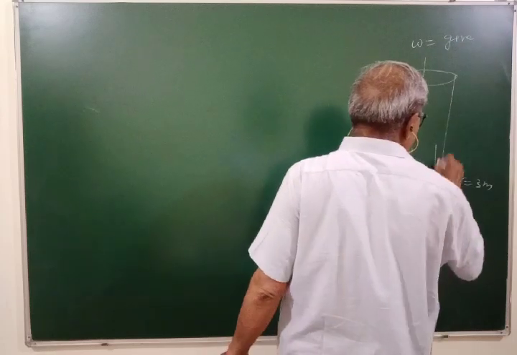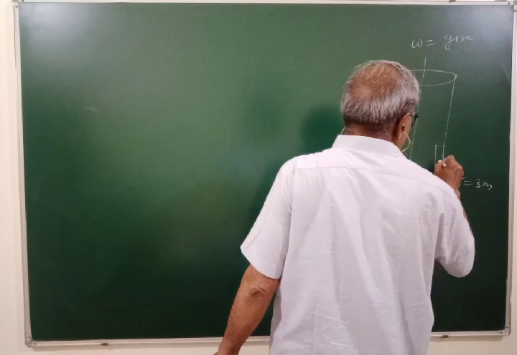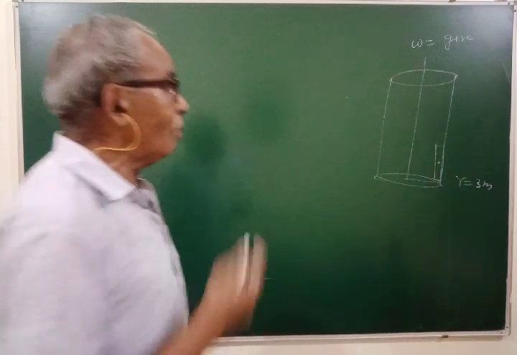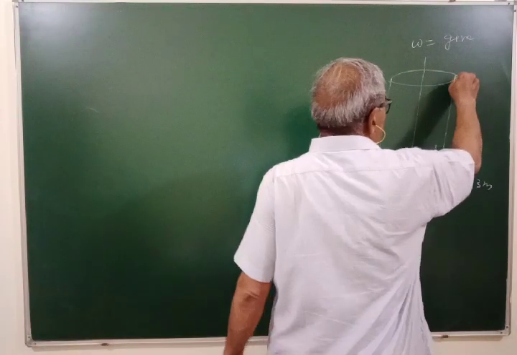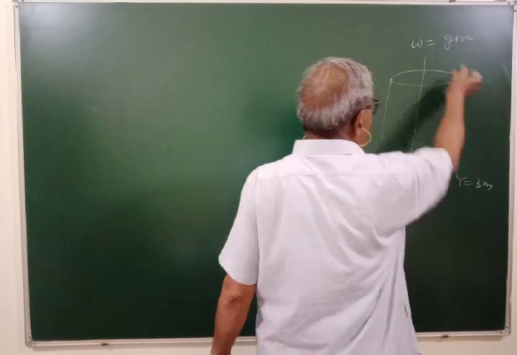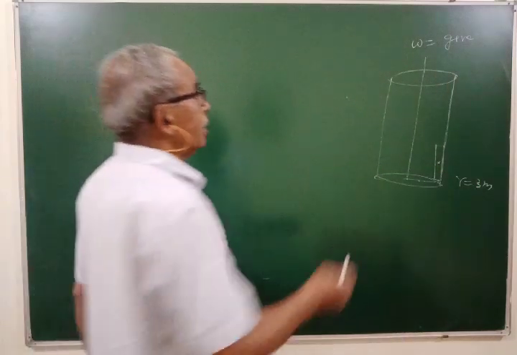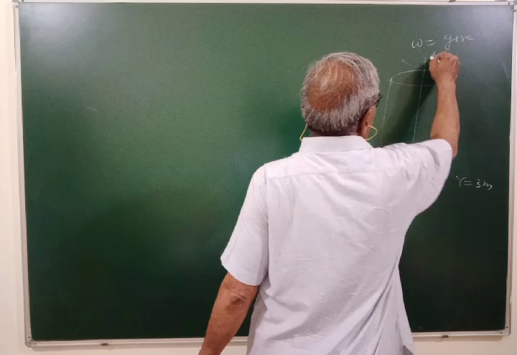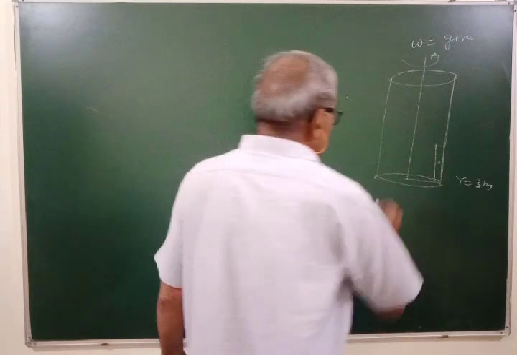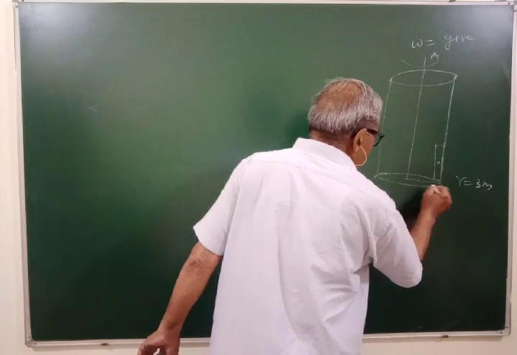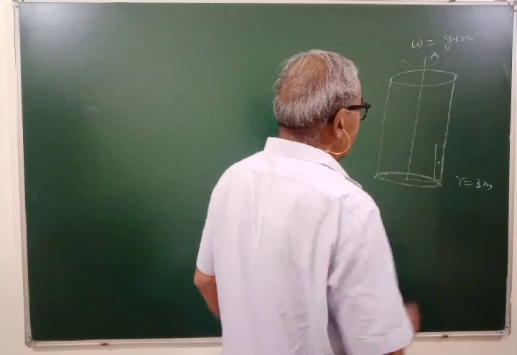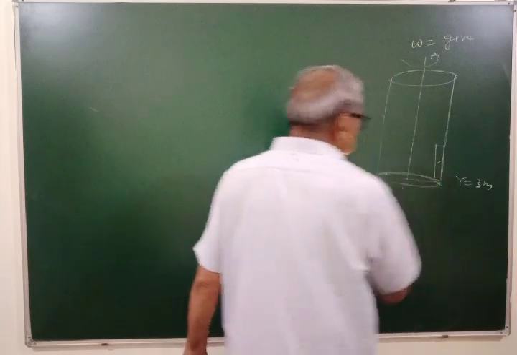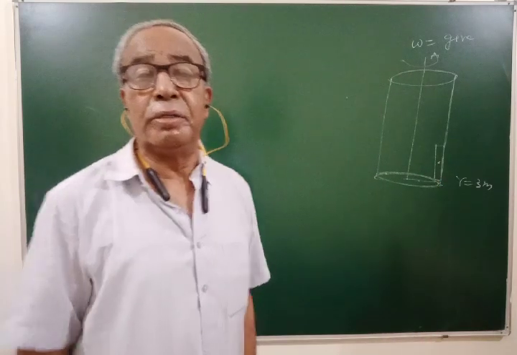A man of 60 kg stands in contact with the wall of the drum. A cylindrical drum is rotating with a certain angular speed. What should be the minimum angular speed so that the man remains stationary when the floor of the drum is removed?